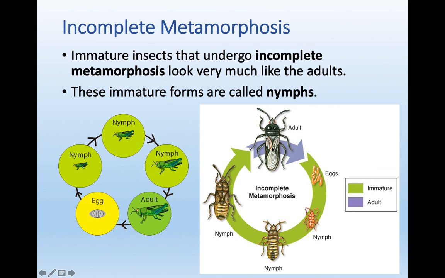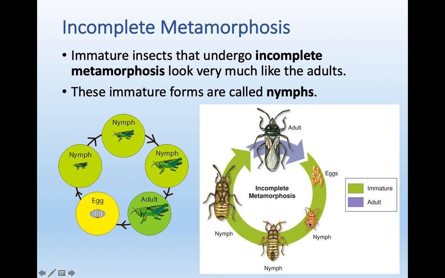These look very close to the adult, not only in terms of appearance, but even in terms of behavior, the type of food that they eat, the way that they move around, very, very similar. And so the only distinct difference that we can see is a change in size, maybe a little bit of change in coloration as well.